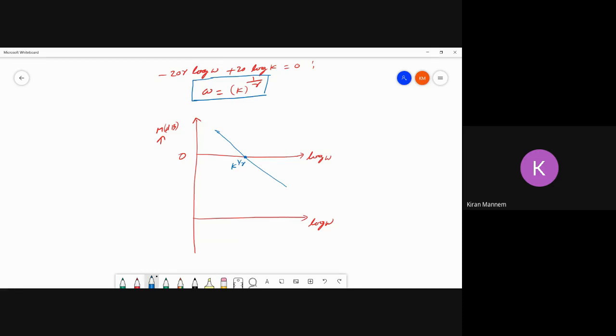When omega equal to 1, it is 20 log k. Depending on your k and r values, assume this is here, and you have some 20 log k value.